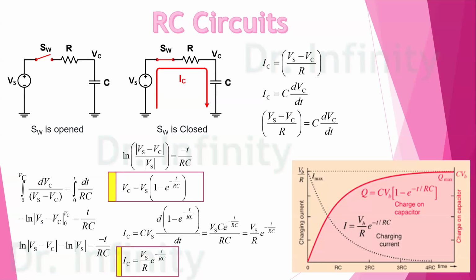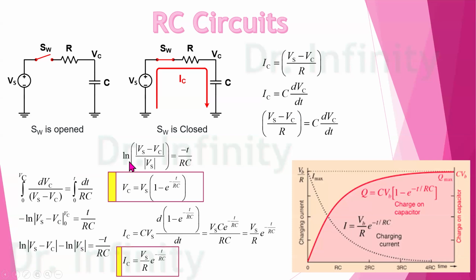Because the inside of the ln cannot be negative. The limit goes from 0 to Vc, and the right side, since it doesn't have any variable, is just t divided by RC. We can easily move the minus sign to the right side, so we have minus t divided by RC. After adding the limits, we will have this subtraction.